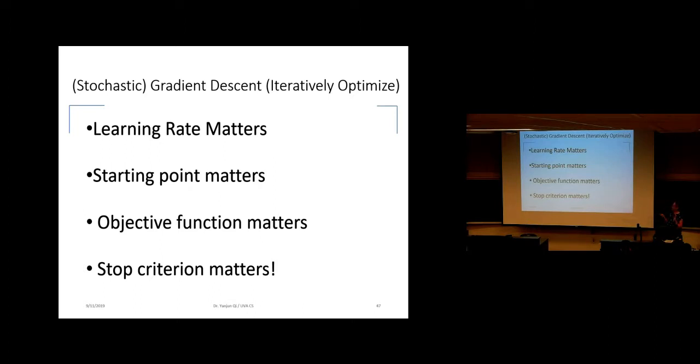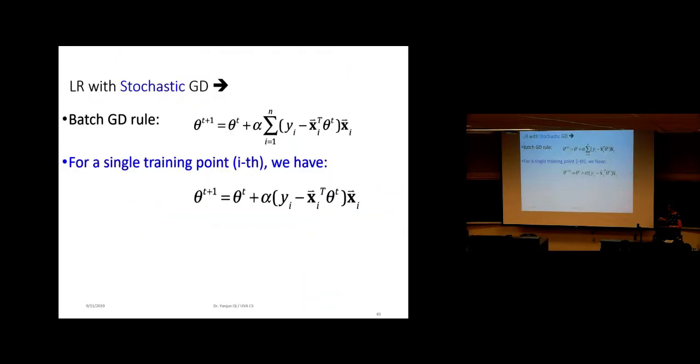The starting point also matters, and also the shape of the objective function matters. Are you in the steep part of the objective function, or in more of a plateau part? So I think we covered that.